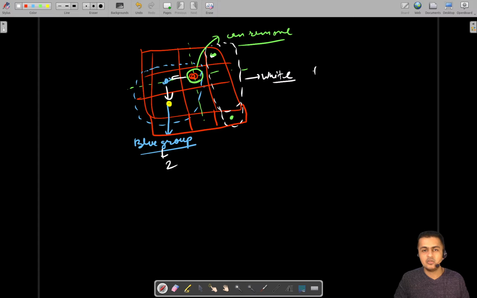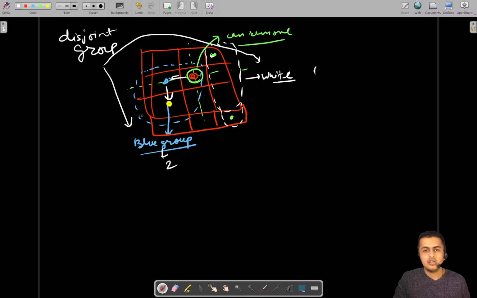And these groups are disjoint groups. So the blue and the white groups are disjoint because they are not sharing any rows or columns.